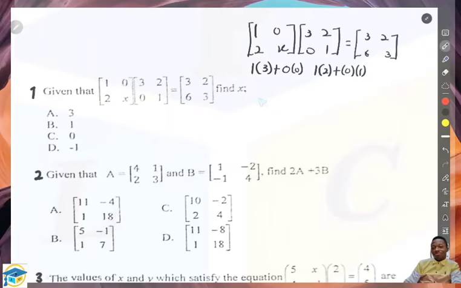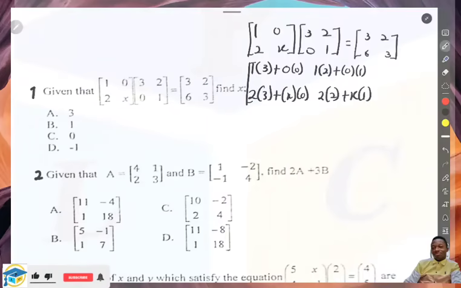So we have 2 multiplying 3 plus x multiplying 0. Then we have the last entry. We have 2 multiplying 2, and then x multiplying 1. So that will result to plus x multiplying 1. Okay.